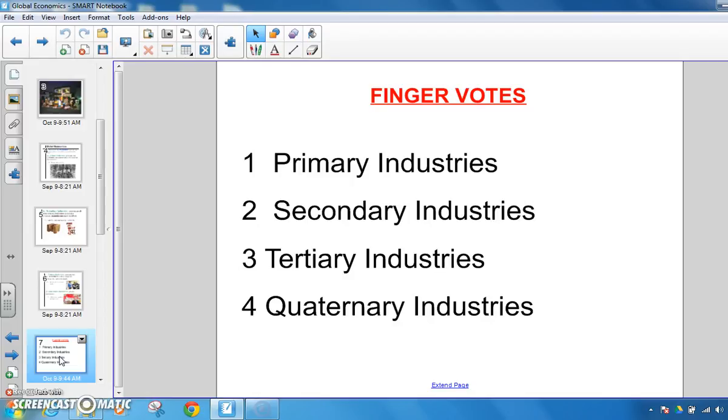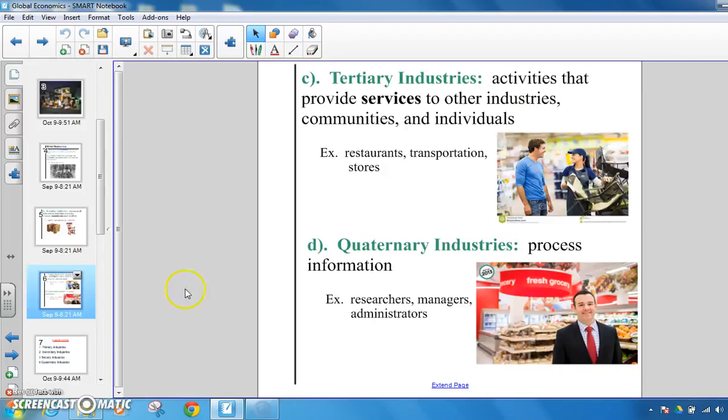Hold it up high. If you're holding up 3 fingers, you're correct. Tertiary is those that end up working and giving you a service. So they're providing transportation to you, a service that you would be using.